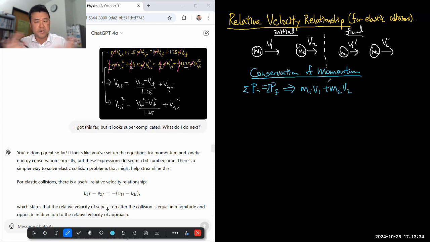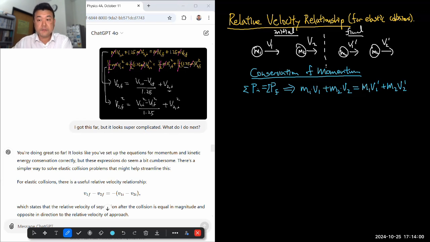Again, this is completely general. If the particles happen to be moving to the left, then you just let v1 and v2 be negative. You say that's equal to their total momenta after the collision: m1 times v1 prime plus m2 times v2 prime. I'm using prime just so the writing is not so cluttered down in the subscript area.